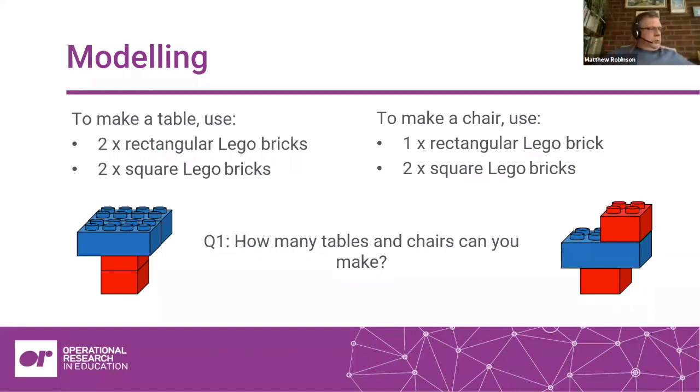So what we've done so far is think about this company who want to build tables and chairs. They have these raw materials which could be used for tables or chairs, and what we want to do now is work out the options. We've done that, and I'm now going to give you a little bit more information. Each of the square bricks costs £3, and a rectangular brick costs £5.